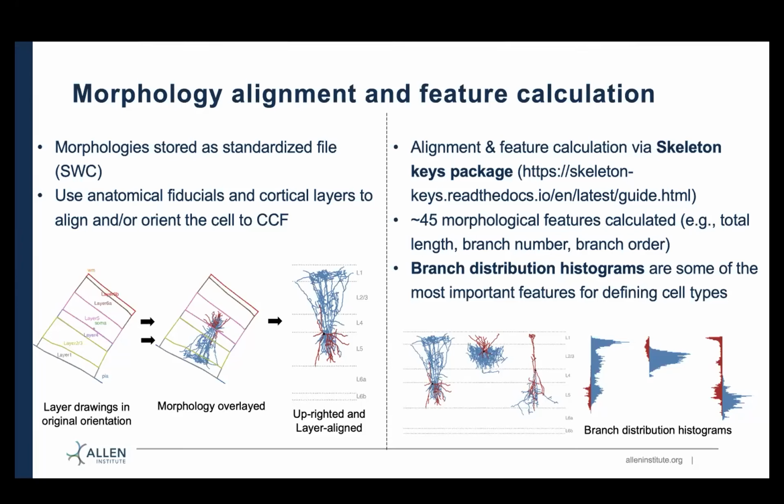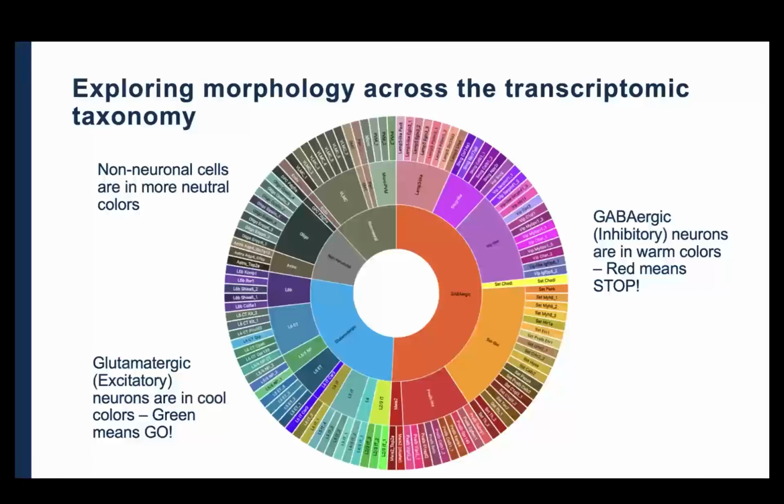These features can then be used to quantitatively compare morphologies across transcriptomic types and then relative to other cellular properties like ephys. And then these branch histograms appear on our CTKE site, and as you'll see, are pretty important to us.